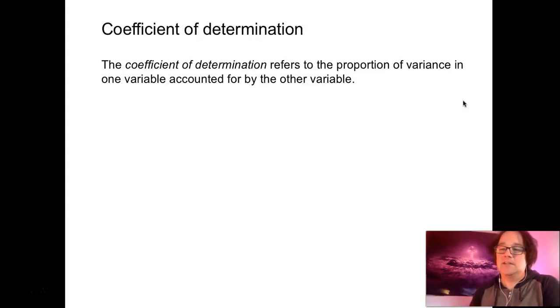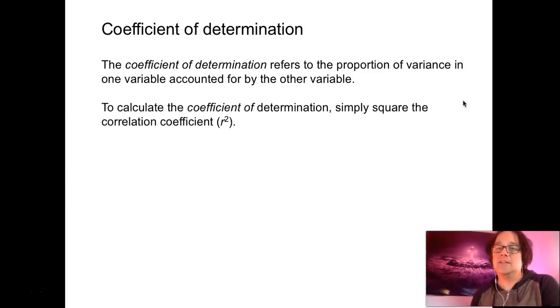So what exactly does that mean? This is not the easiest concept to grasp at first. Believe it or not, it's not the easiest concept to teach, because we can't use the word cause here. So we have to use words like accounted for or explained by to explain what we're getting at. But to calculate the coefficient of determination, you just take your correlation coefficient and you square it.